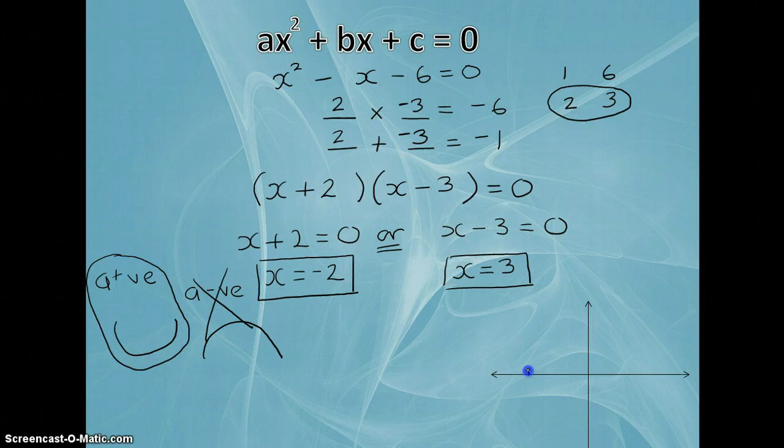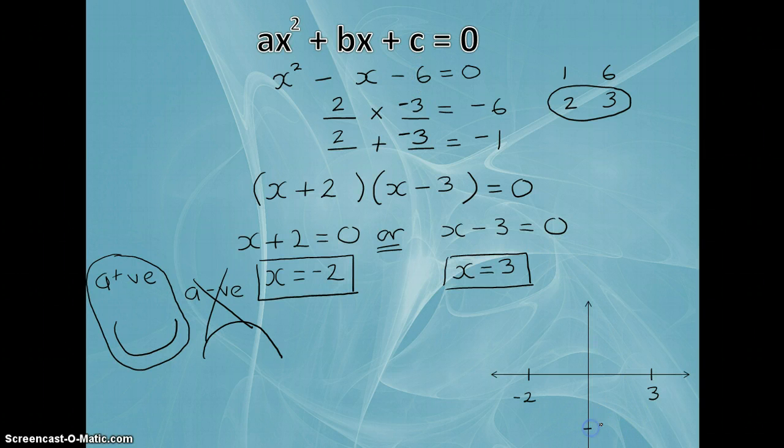So on our x-axis we know it's going to go through minus 2 and 3. The only other place it's going to cross the axis is the y-axis. And just like normal linear equations, the y-intercept is given by the integer value in our equation, so our c value. And in this equation, we've already seen we've got minus 6 as our c value.